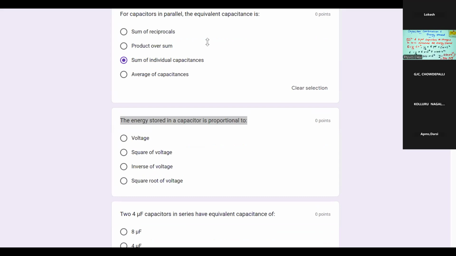Yes, the energy in a capacitor is proportional to the square of the voltage. Already I told that. E is equal to 1 by 2 CV square, so E is directly proportional to V square. Very good. Correct.